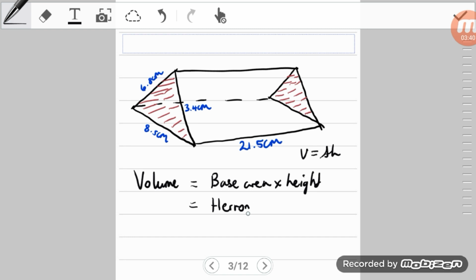So that's Heron's formula multiplied by the height, or in this case it will not be a height, it will be a length, because the wedge is actually lying down on its side. It's basically the same thing.